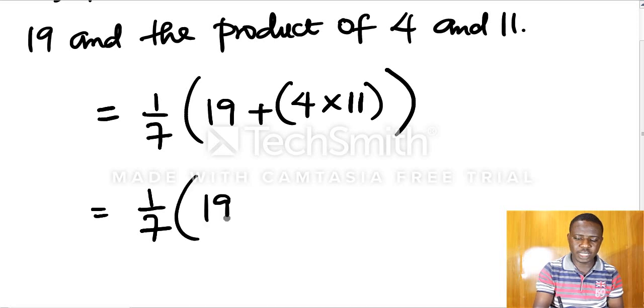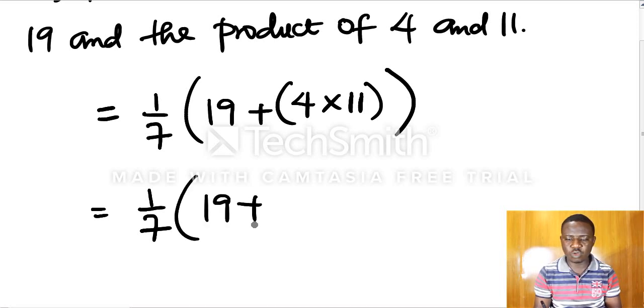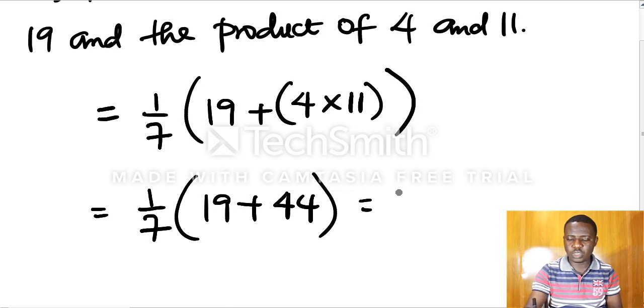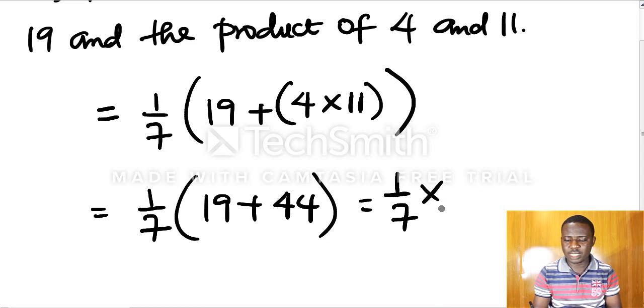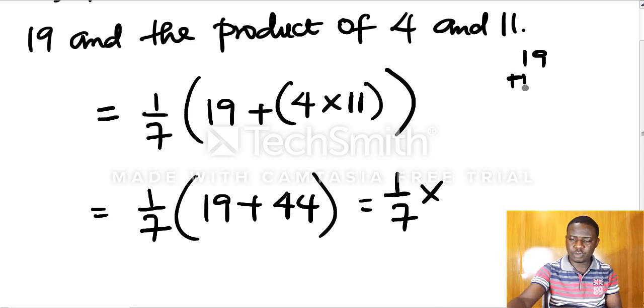into bracket 19 plus, you first of all deal with the inner brackets. That is 1 over 7 times 19 plus 4 times 11, which is 44. So this will be equal to 1 over 7 times 19 plus 44. That will be 19 plus 44. 4 plus 9 is 13.